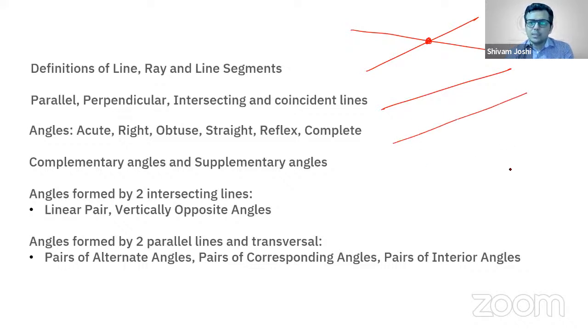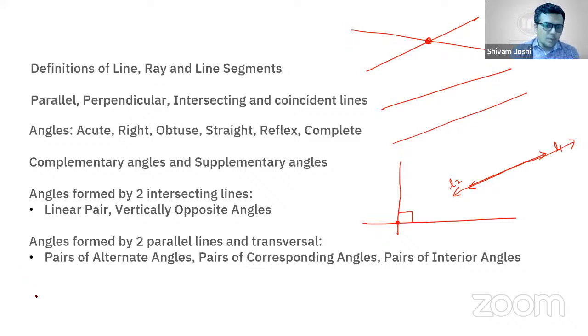Perpendicular lines are nothing but one version of intersecting lines, where the angle at the point of intersection is a right angle. What are coincident lines? If you have two lines which exactly overlap each other, like this is your L1 and this is your L2, so L2 is completely overlapping on L1, which is what you call coincident lines.